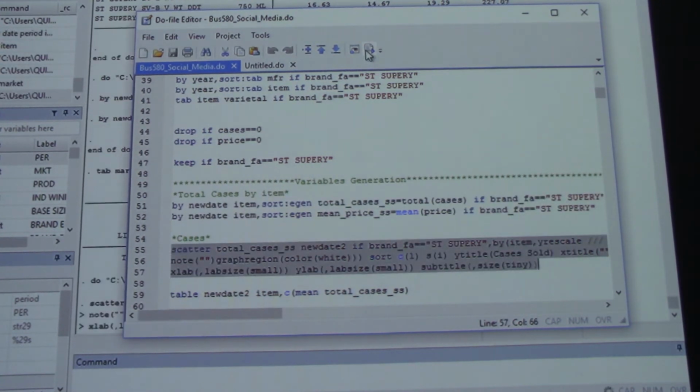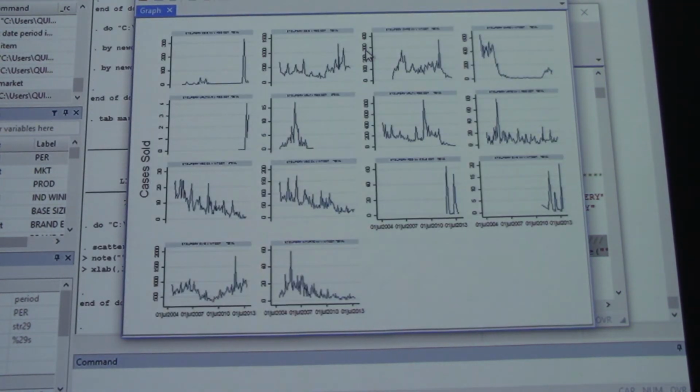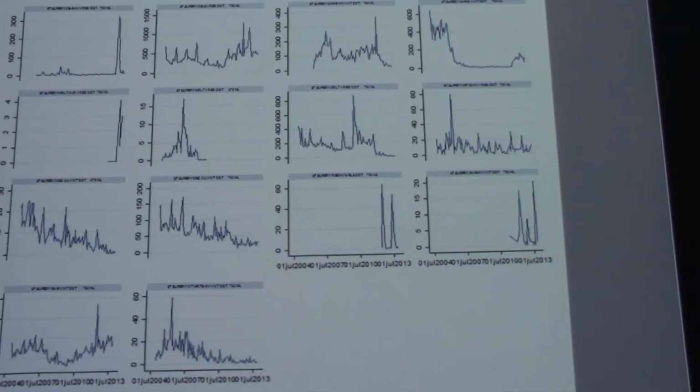All right, so what does this look like? These are all the individual SKUs, and these are cases sold. Clearly some of them are pretty low volume here, and I'm sure there's a price decrease there.